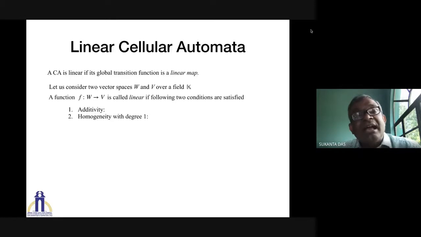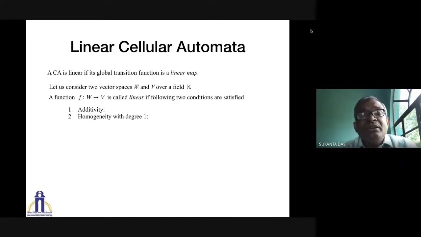These are additivity and homogeneity. So if the function is additive and if the function is homogeneous with degree 1, then the map is called a linear map.